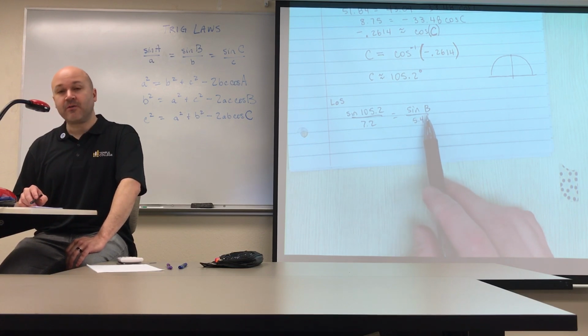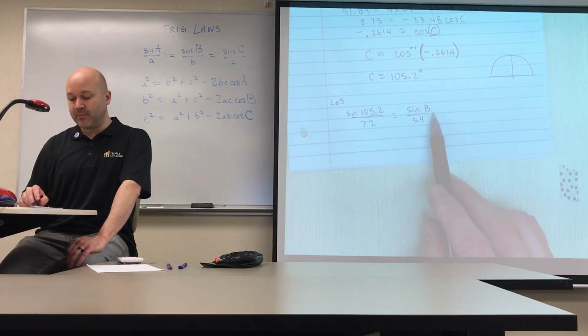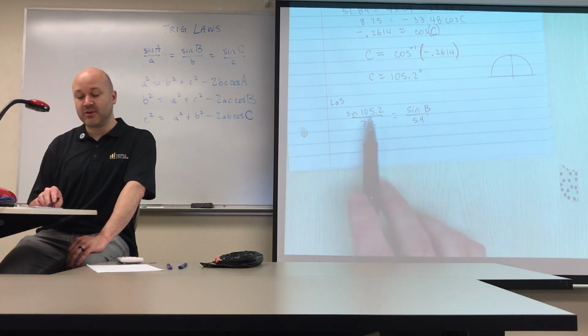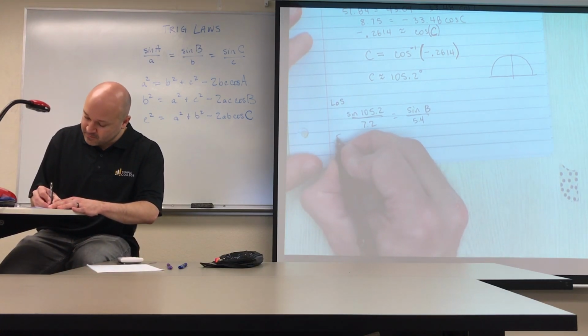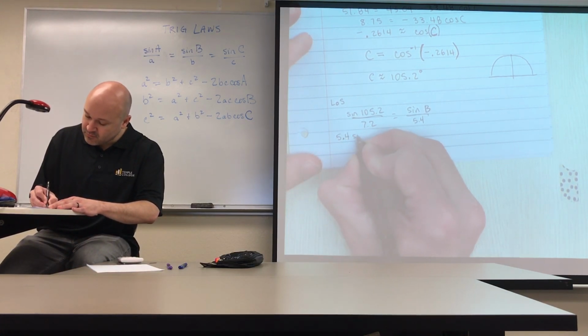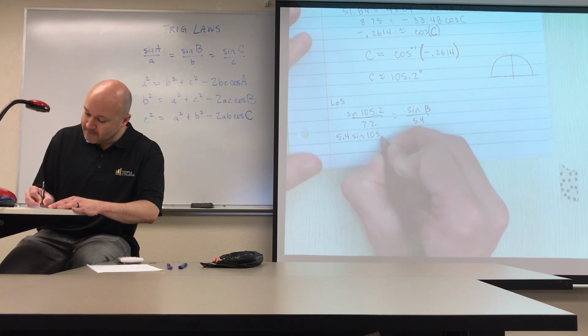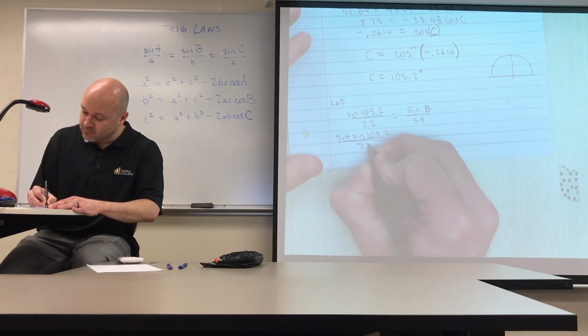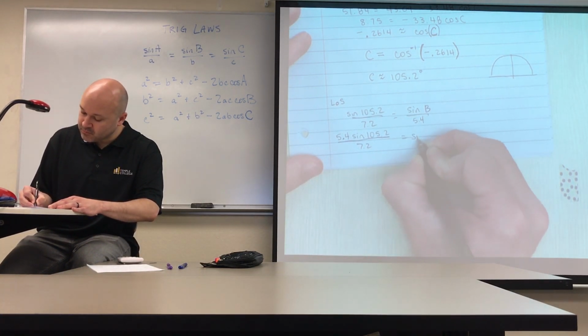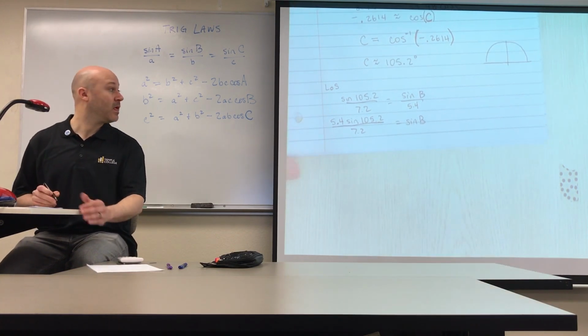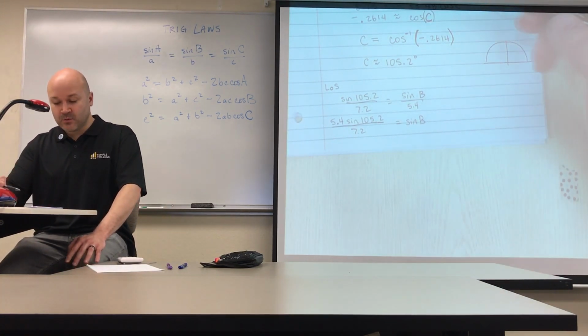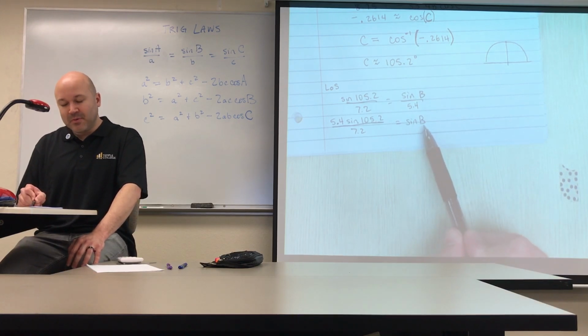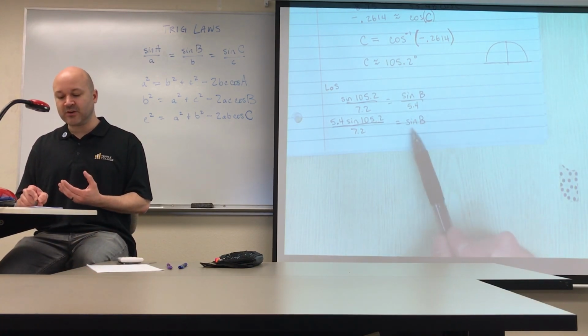All right, I want to solve for B, so first I'll isolate sine of B. So I'm just going to simply multiply both sides of the equation by 5.4. Similarly to the C up above, the B is inside the argument of a trig function.